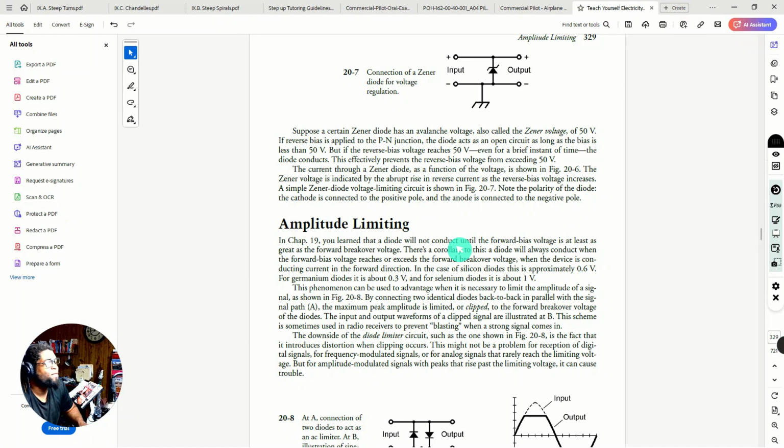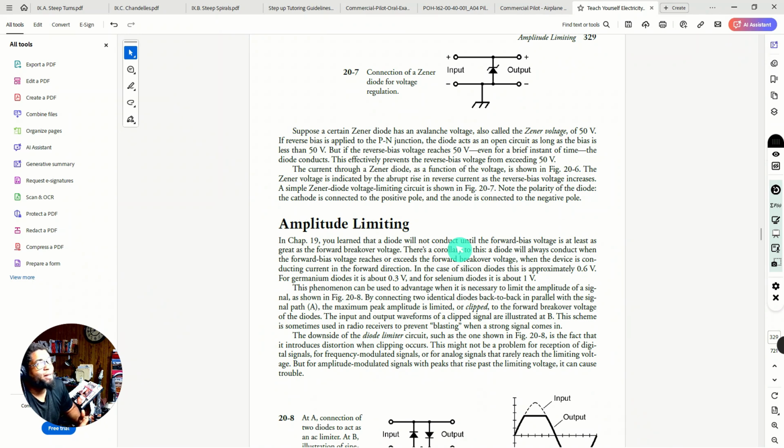Note the polarity of the diode. The cathode is connected to the positive pole and the anode is connected to the negative pole. Basically, it's in parallel with our circuit, and that's what's going to cause it to either act as a short circuit or an open circuit.